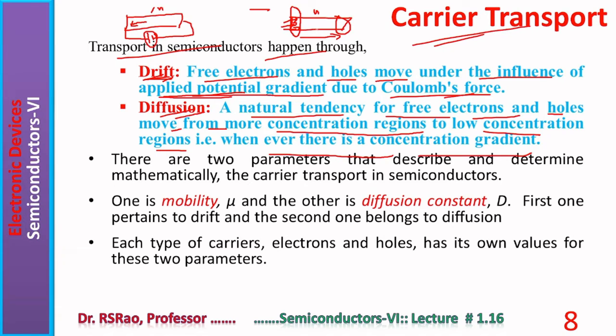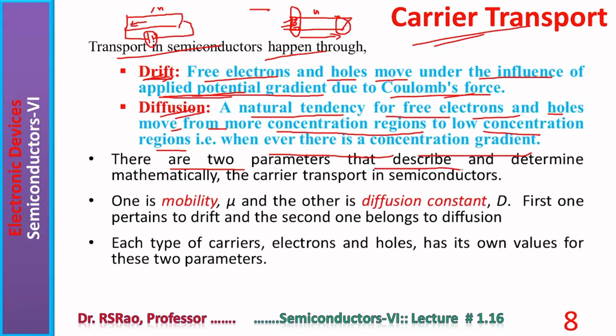Notice, whatever may be the cause, it can be drift, it can be diffusion, movement of carriers happens, and this movement leads to existence of current, electric current. So in semiconductors, drift current exists, diffusion current exists.